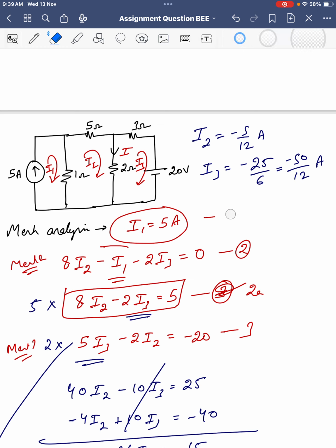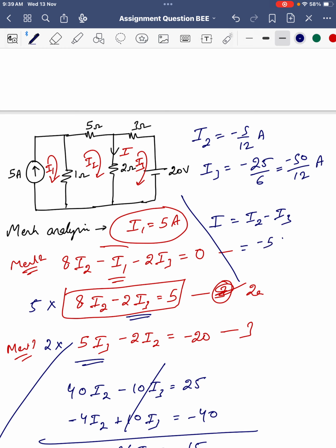So what is the value of I? I will be equal to I2 minus I3, and that will be minus 5 plus 50 by 12, that is equal to 45 by 12.